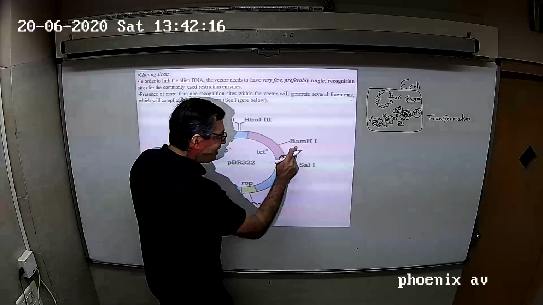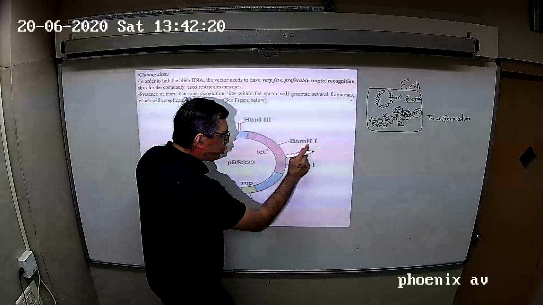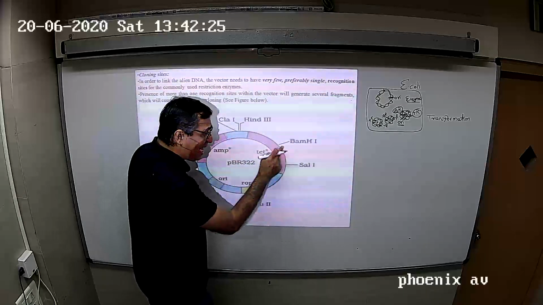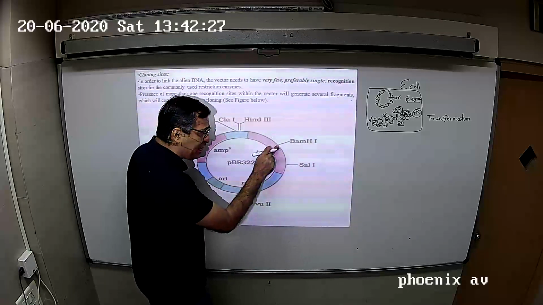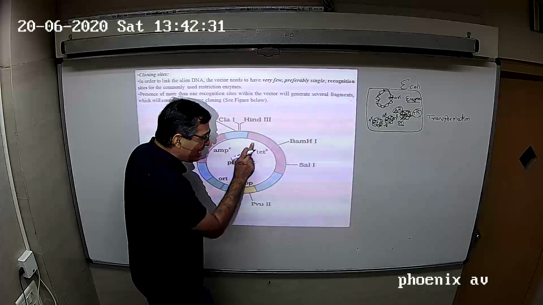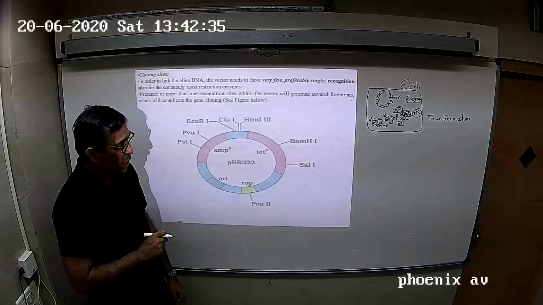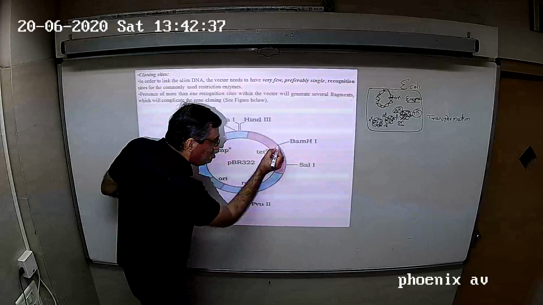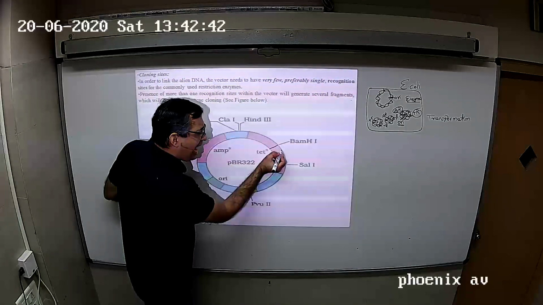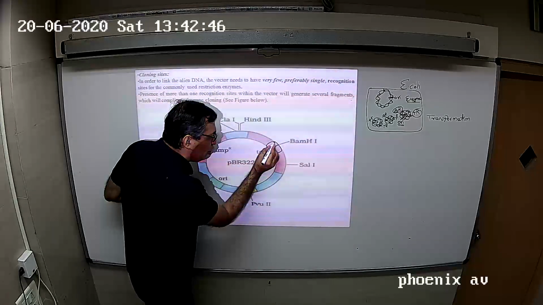Now we use an enzyme called BamHI, and with BamHI we make a cut. Where is the restriction site for BamHI? The BamHI restriction site is inside the tetracycline resistance gene. So we use BamHI, make a cut in the tetracycline resistance gene, and now we put our gene of interest over here.